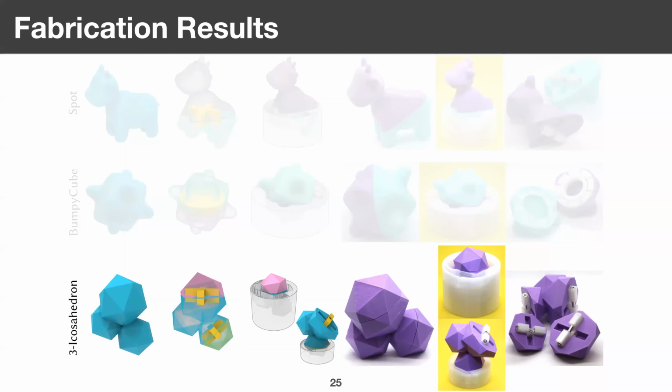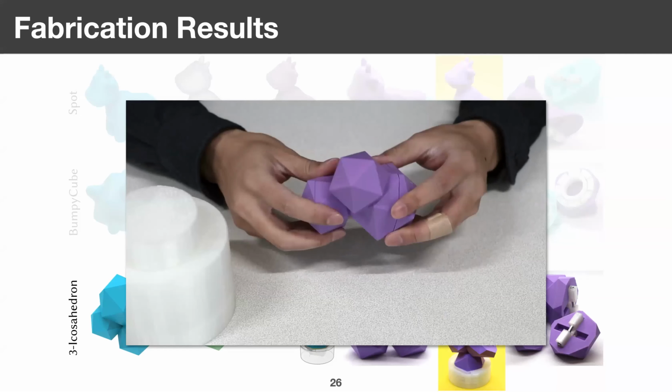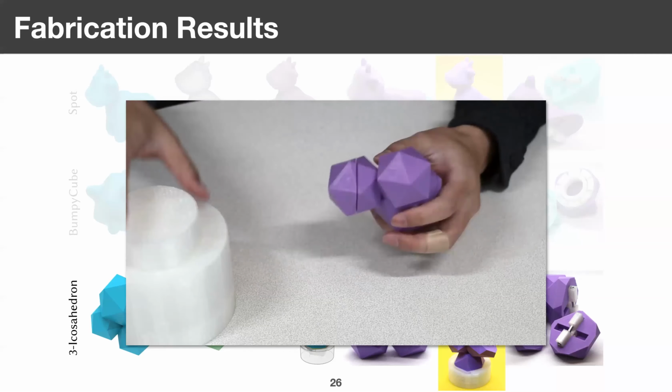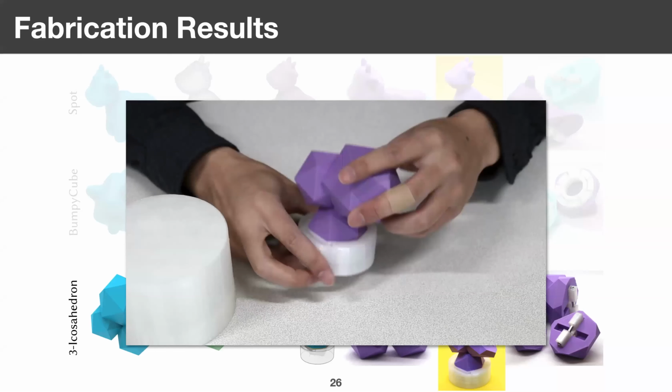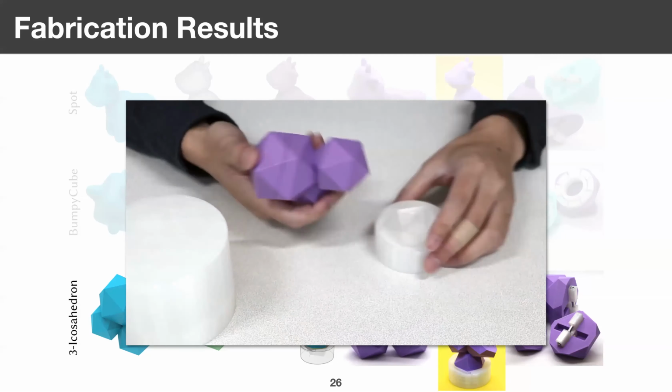In the third row, we embedded 2 cores in a single model. In this case, we have to unlock these cores in a certain order. So my first attempt failed.